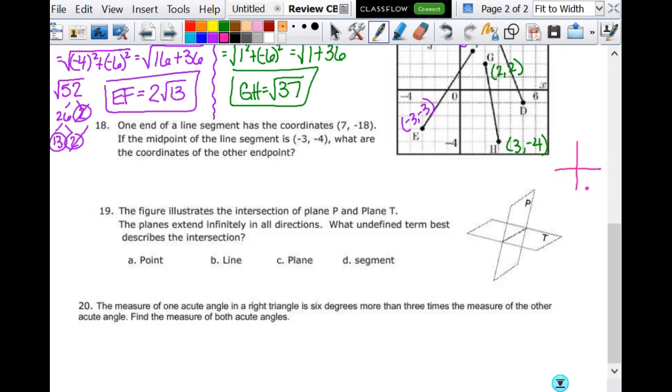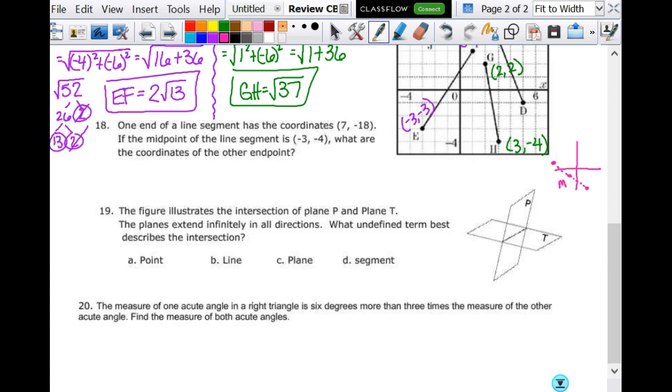That looks good. And then the midpoint is at negative 3, negative 4. So this is the midpoint. So that means that if this is half the segment and that's the midpoint, my other endpoint is up here. Even if the picture doesn't help you much, it might help you to actually think through it and realize that you are not just plugging these numbers into the midpoint formula.